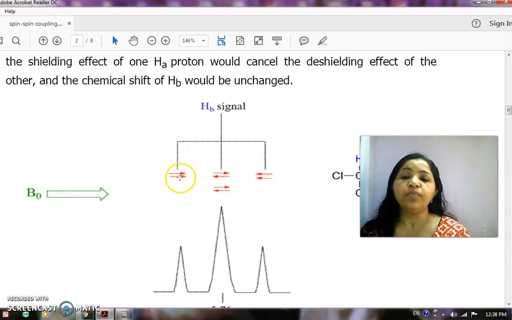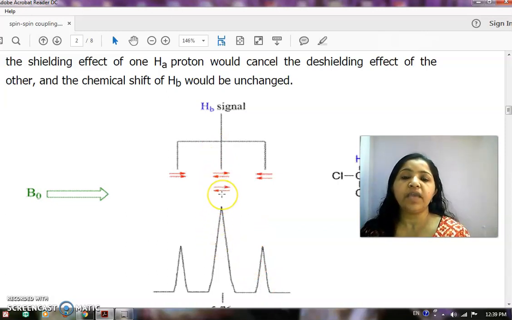Here one is opposing. Similarly, the other one is aligning, the other one is opposing. So what you can see is that there are three different combinations, and one has a lower probability, another has a lower probability, whereas this one has a higher probability, two combinations.